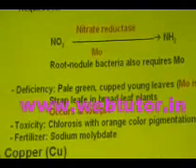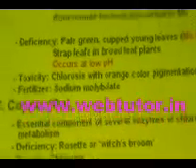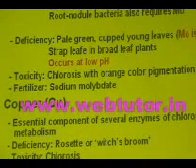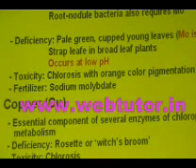Deficiency shows pale green, cupped young leaves, and strap leaf in broad-leaved plants, meaning broad leaves that come out very thin like straps. Toxicity is again chlorosis with orange pigmentation.